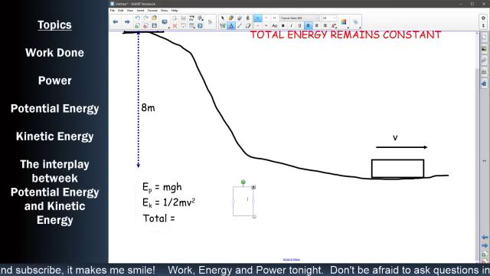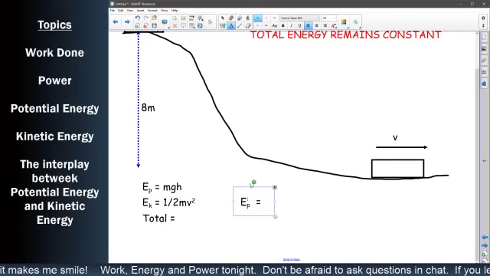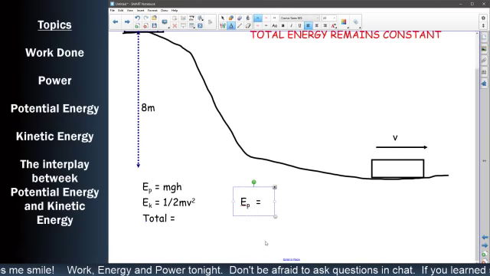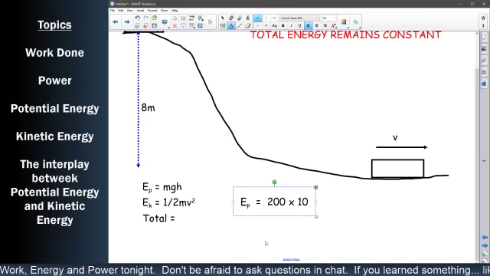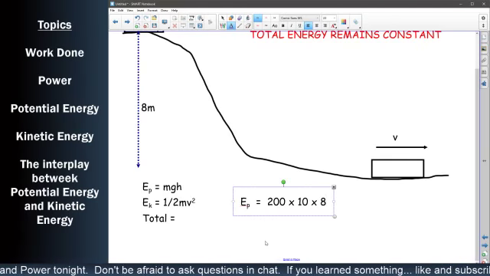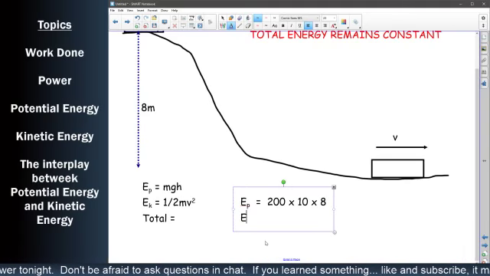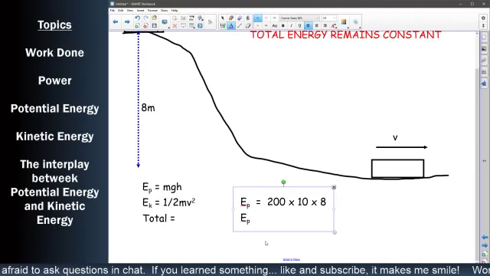Okay, so EP equals mgh. So EP equals the mass of this object, 200 kilograms, multiplied by the force of gravity on planet Earth, which is 10, multiplied by the height that this thing is at above the ground, which is 8 meters. So EP is equal to 200 times 10 is 2,000, times 8 is going to be 16,000.